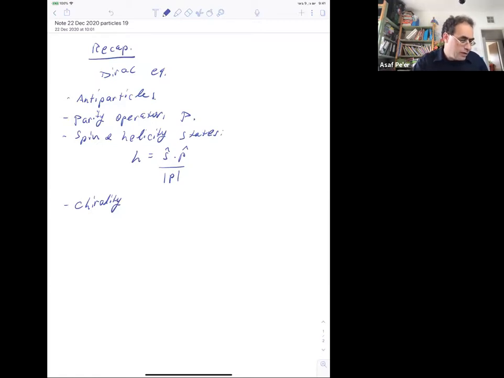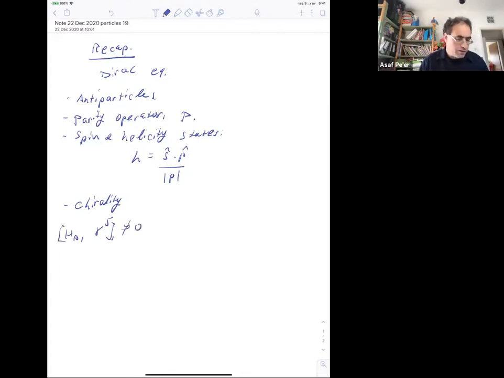How can it be that I said that the chirality is not conserved, but it merges with helicity, which is conserved? And the reason is that the chirality operator gamma 5, right? It does not commute with the full Dirac Hamiltonian, or H_D gamma 5 is not 0.